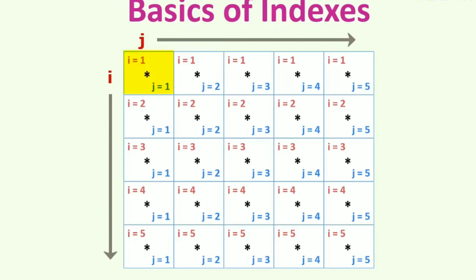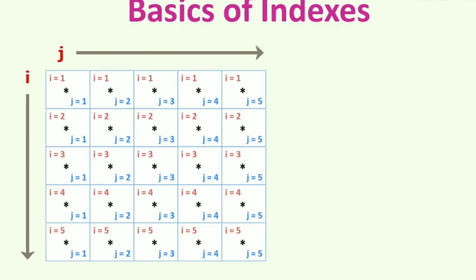So the first star is at row 1, means index i is equal to 1, and column 1, means index j is equal to 1. The next star is at row index i equal to 1 and column index j equal to 2, and so on.